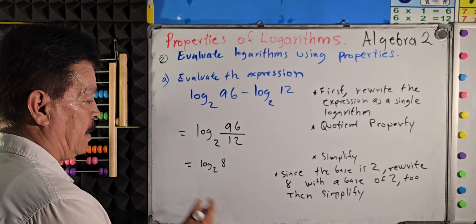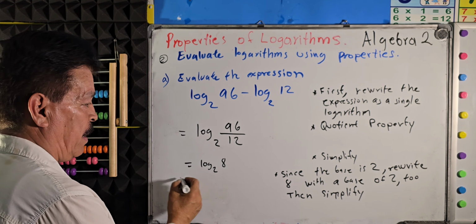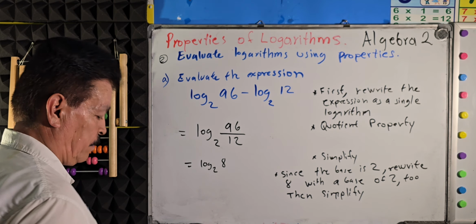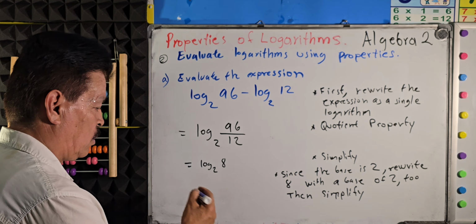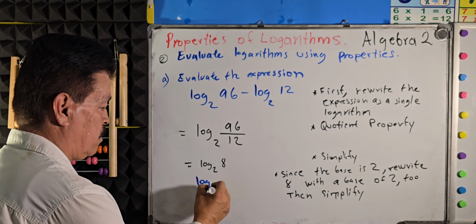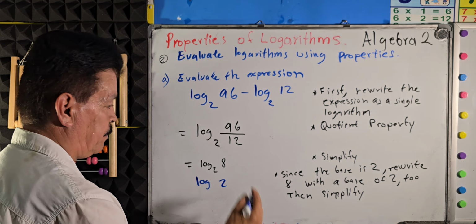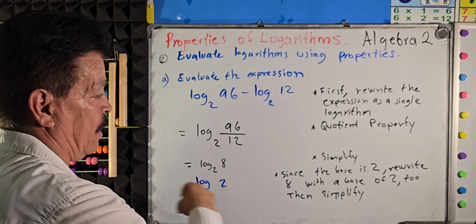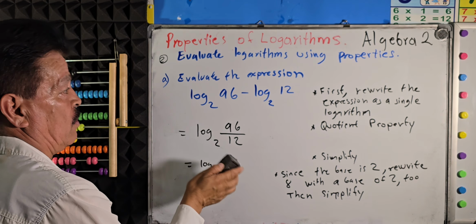So the next step will be equal to log, because it's a different step right here. Just write log of 2 with the exponent 3, with the base 2.